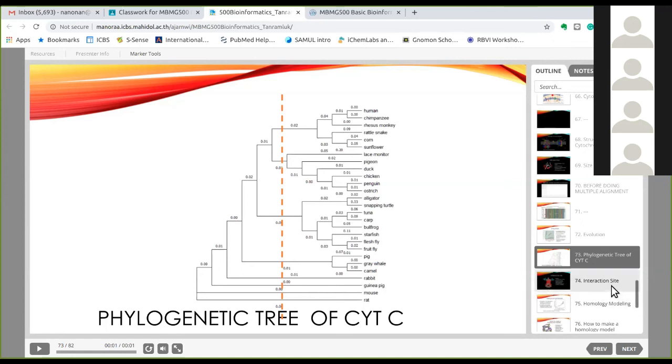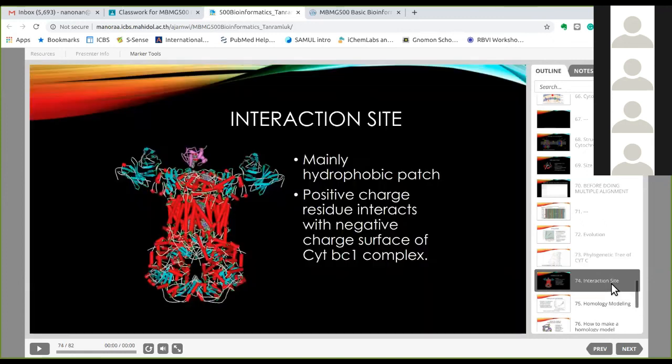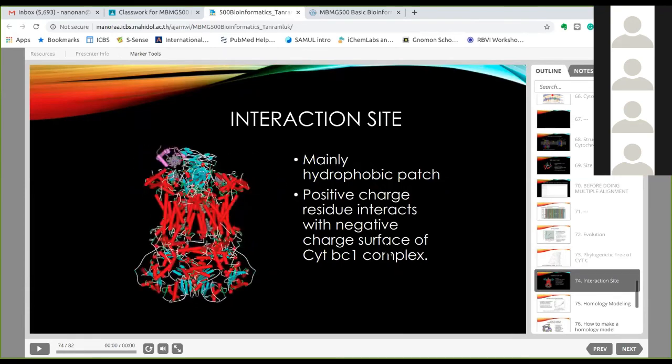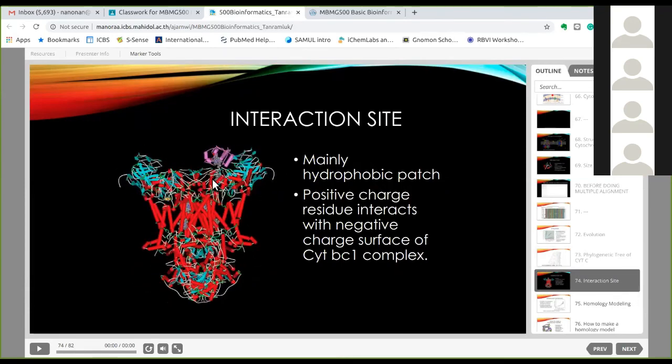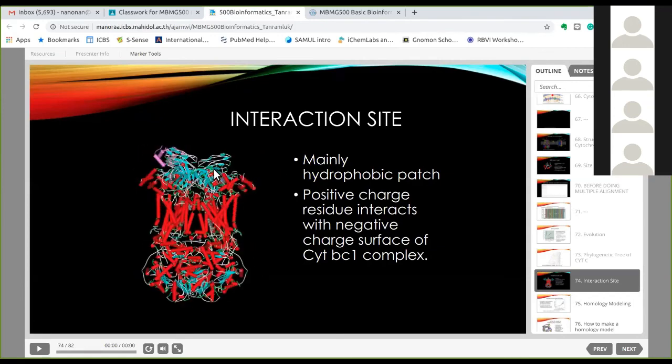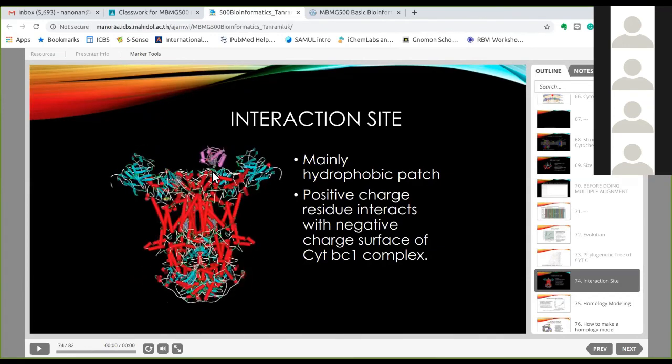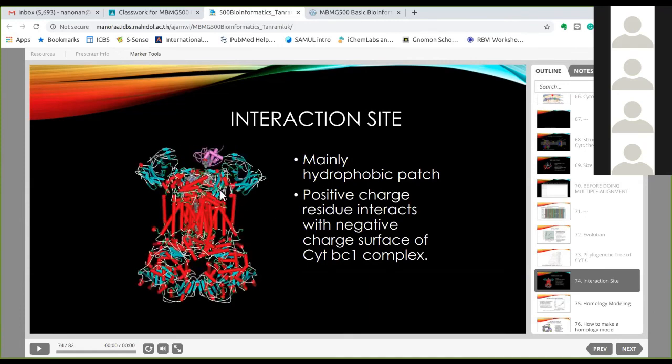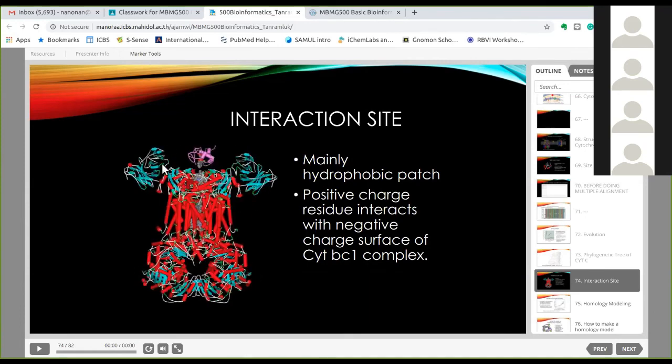And cytochrome C can be used to study the interaction sites. So mainly the top part of the cytochrome C is hydrophobic patch, and the bottom one is called cytochrome BC1 complex.